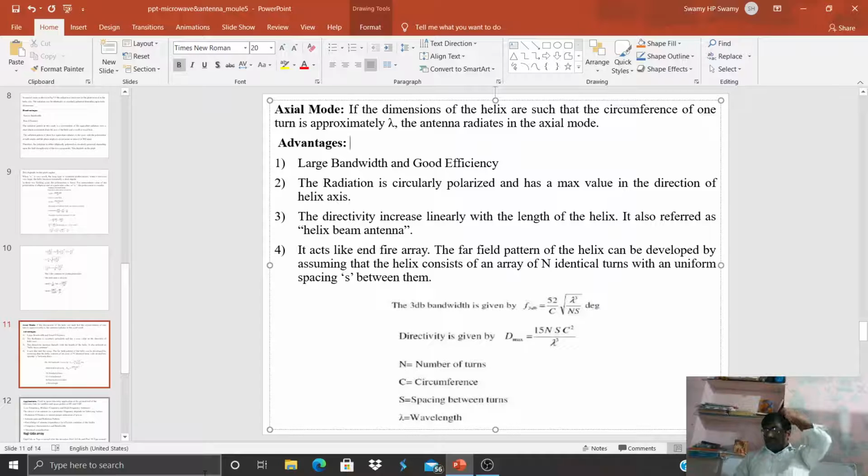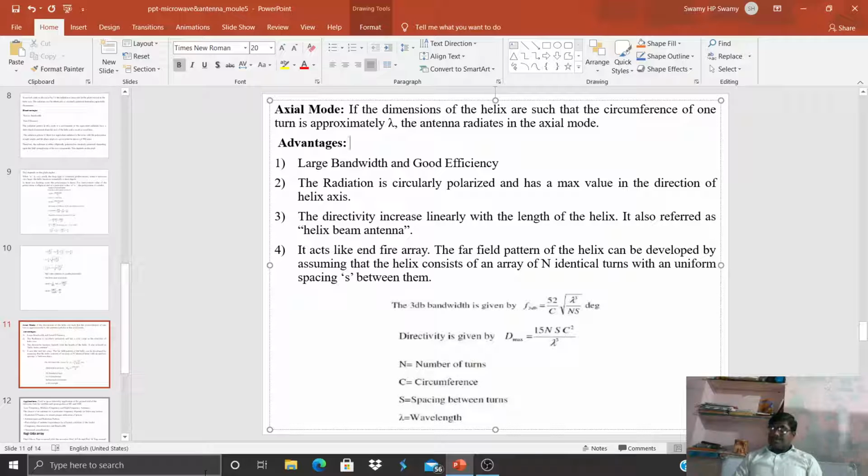The far field pattern of the helix can be developed by assuming the helix consists of an array of n identical turns with a uniform spacing s between them. When this helical antenna is acting like an end fire array, the far field pattern of the helix can be developed by assuming that the helix consists of an array of n identical turns with a uniform spacing between them.